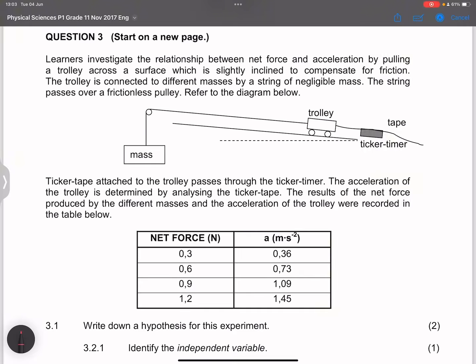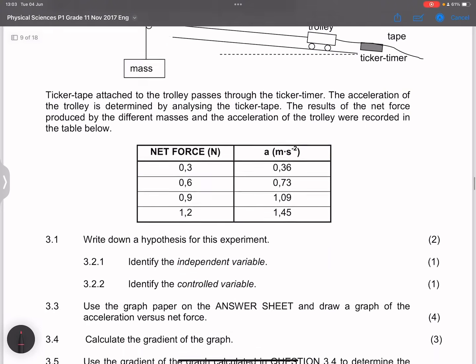There's our ticker timer, and we've got the different masses and so on. The ticker tape attached to the trolley passes through the ticker timer. The acceleration of the trolley is determined by analyzing the ticker tape. The net force produced by the different masses and the acceleration of the trolley were recorded in the table below.